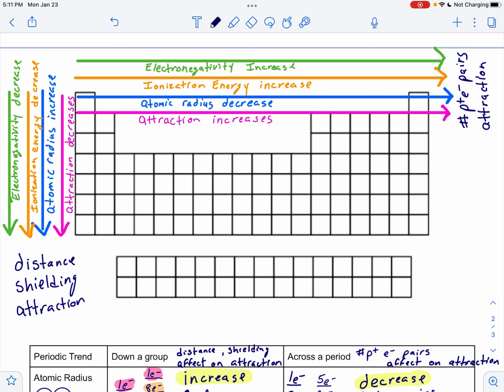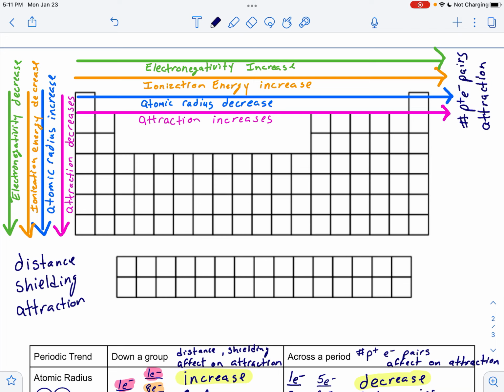So we notice that attraction decreases as we go down the table, increases as we go right. Atomic radius increases as we go down and decreases as we go right. Ionization energy decreases as we go down and increases as we go right, and electronegativity decreases as we go down and increases as we go right.